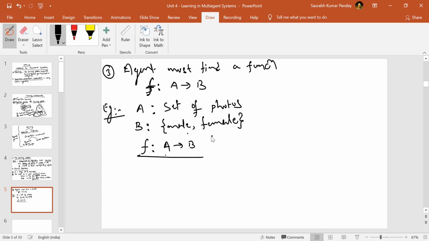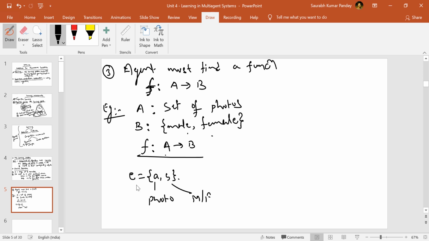So herein E tells the program. If you say that you have an element small e, it will tell the program what E basically is. So it is a mapping from A to B. What is A and B? In A, a particular photo is there, and this photo is of male or female.